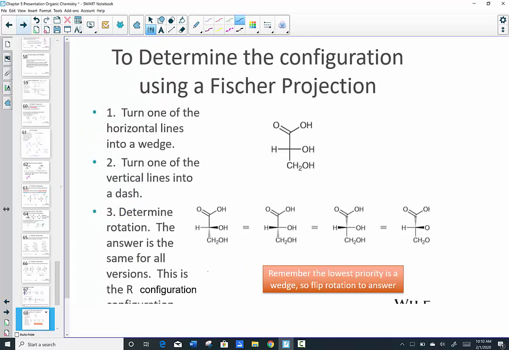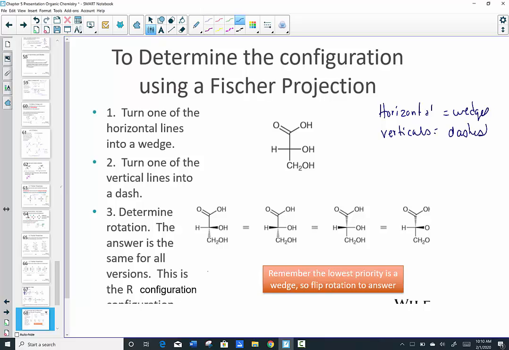So to determine a configuration on a Fischer projection, this is actually quite simple as well. Remember that the horizontal lines are wedges, and that the verticals are dashes.